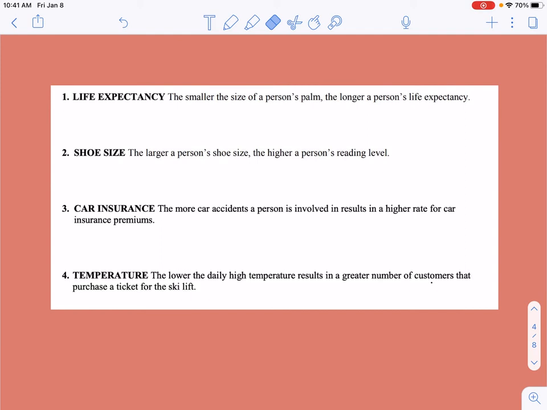You think about what do you eat? What's your exercise regimen? Do you smoke? Do you drink? Hereditary factors. Do you have heart disease? Things that have nothing at all to do with the size of your palm. So you could say correlation, but not causation, right? So correlation, or we'll say without causation, because that's easier to write.